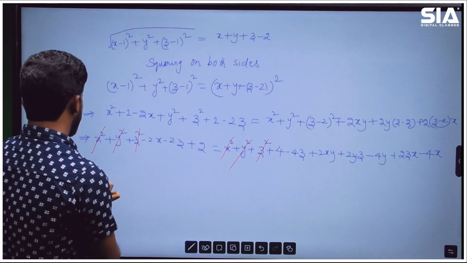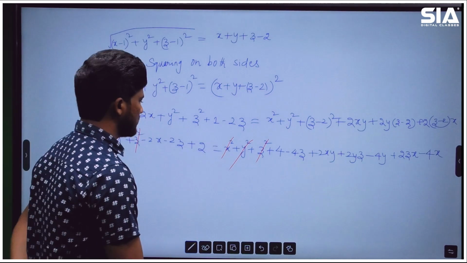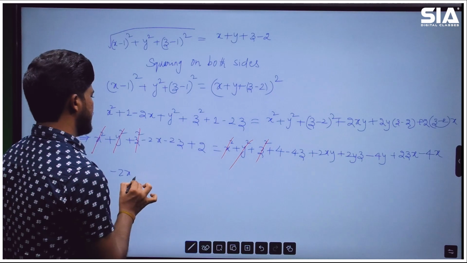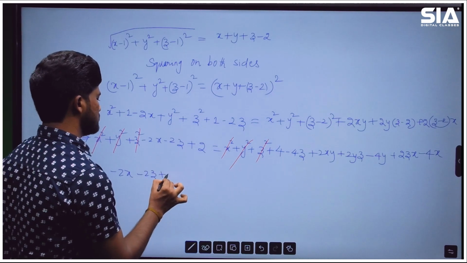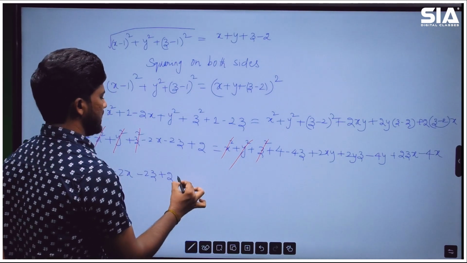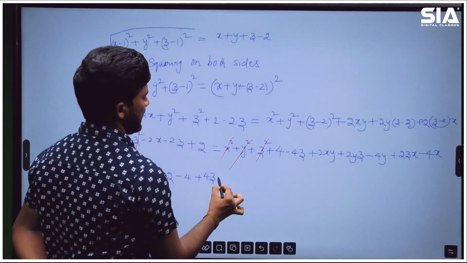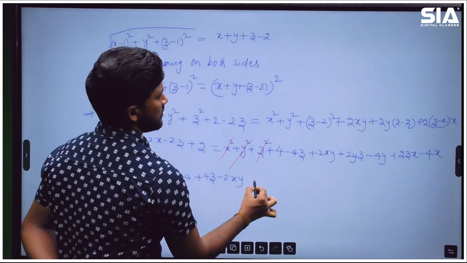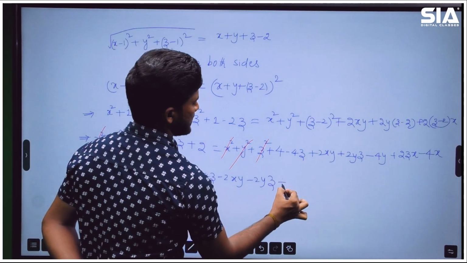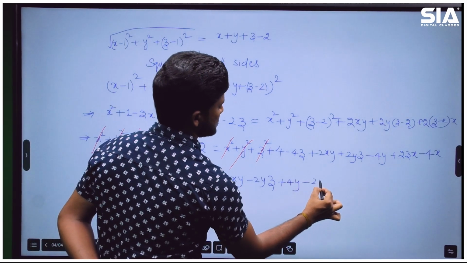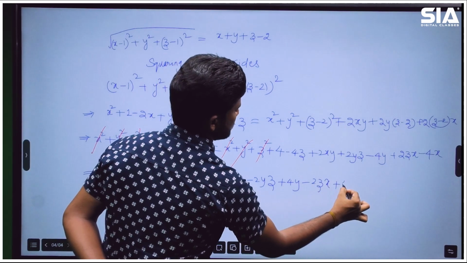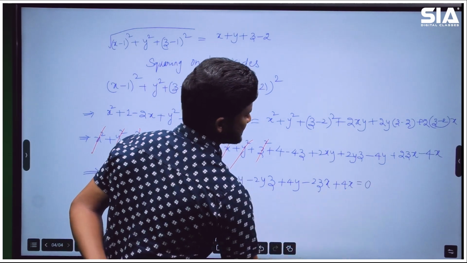That gives you the required right circular cone. So minus 2x, minus 2z plus 2, take minus 4 plus 4z, and minus 2xy minus 2yz plus 4y minus 2zx plus 4x equal to 0.